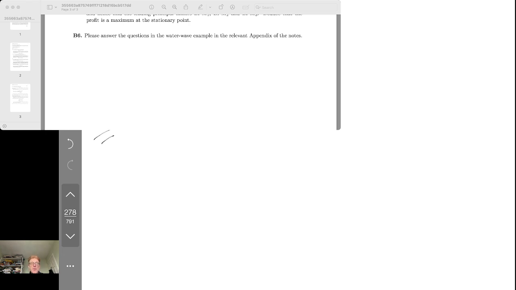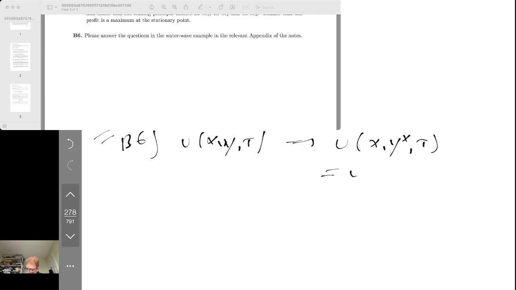Here the key is to realize that even though the original problem is in terms of capital X, capital Y, and tau, in the analysis, since Y star is 0, it's only really a function of X and tau, so two variables, and you are supposed to calculate the Hessian. So it's uxx, ux tau, ux tau, u tau tau.